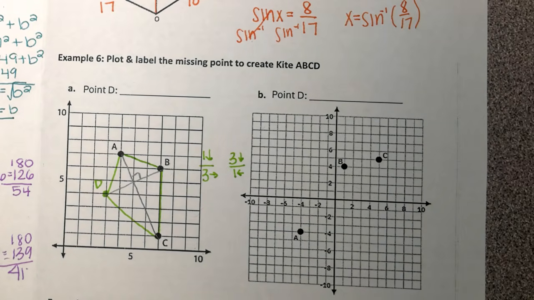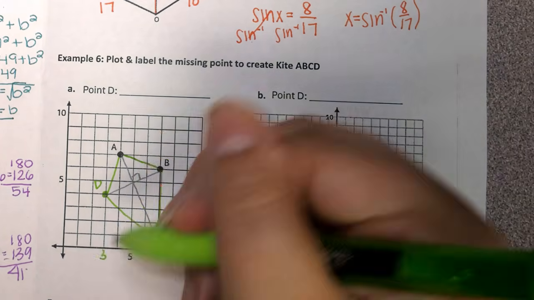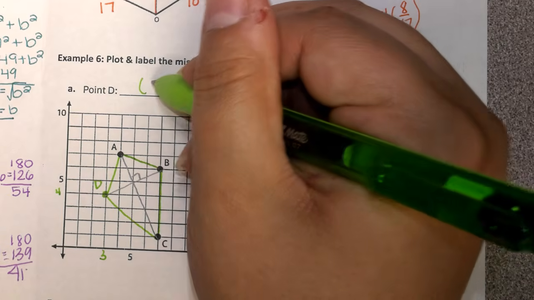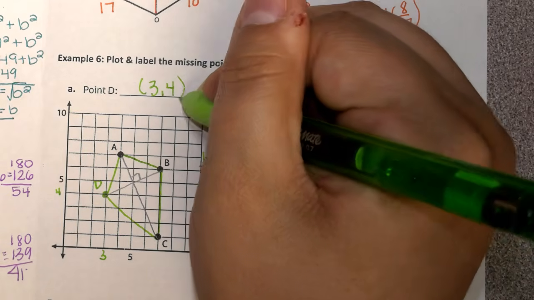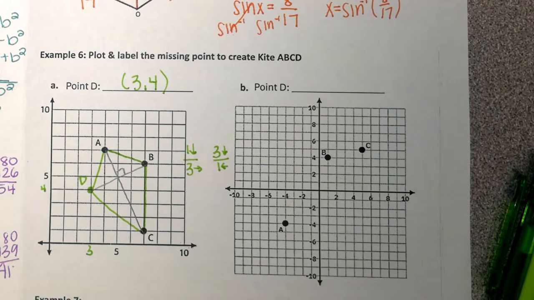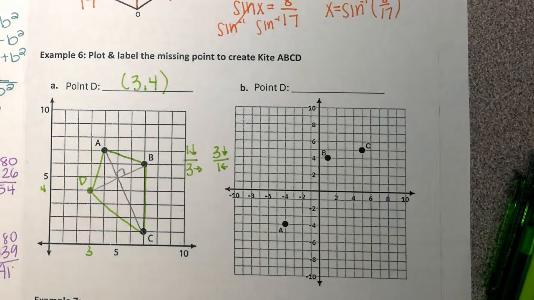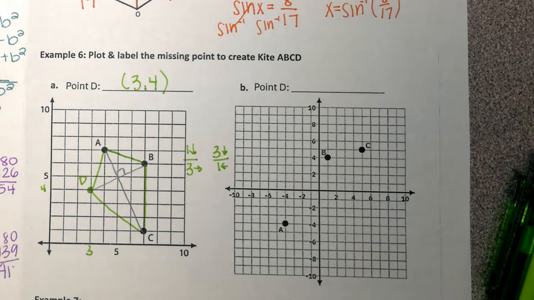Oh, what point is that? 3, 4. This was a little bit confusing.